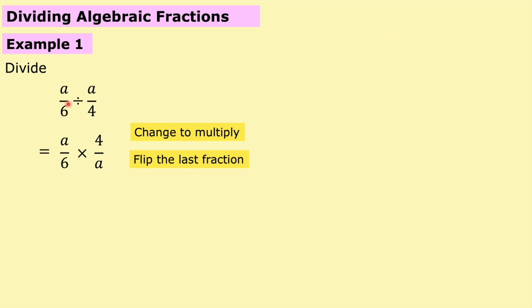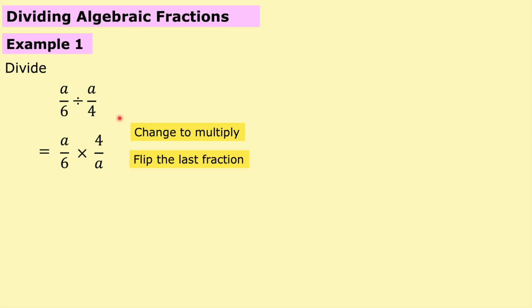So we've changed the divide into multiply, and we've flipped a over 4 to become 4 over a. So this is a really important step that you need to take when you are dividing fractions, standard fractions or algebraic fractions. So now we've got a over 6 multiplied by 4 over a.